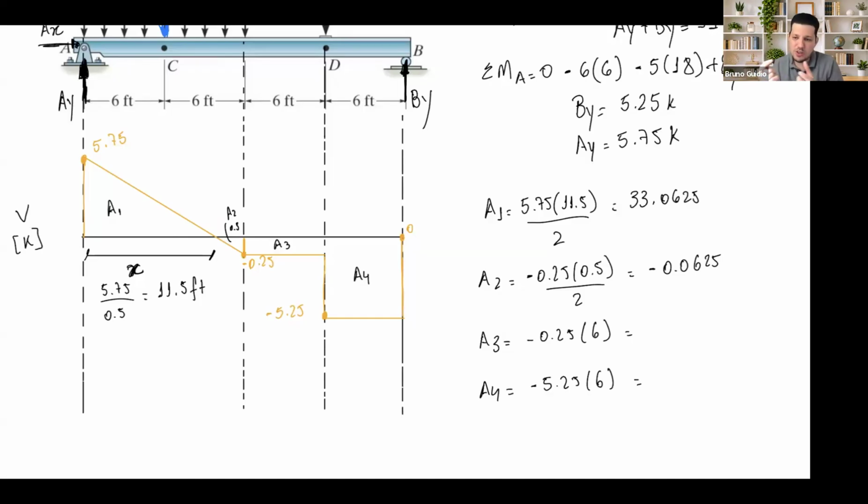Each one of you is probably going to use different decimal numbers, but try to keep at least two decimal places as much as possible. Then I have here negative 1.5 and negative 31.5.